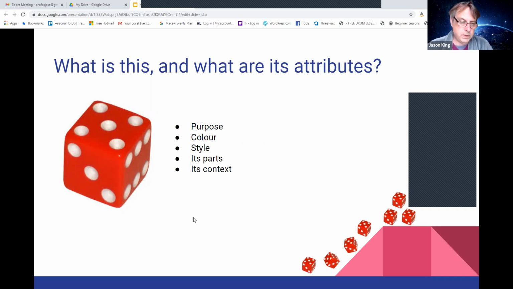So in what context do we use one of these? Board games, yeah. Gambling. Casinos. Okay, nice.